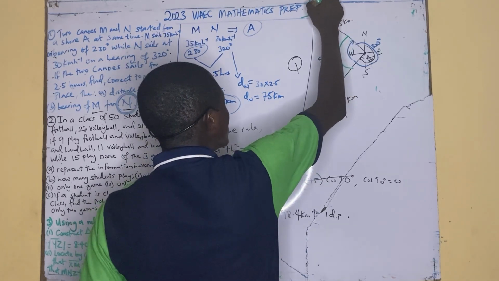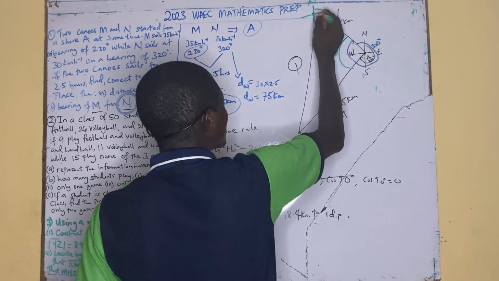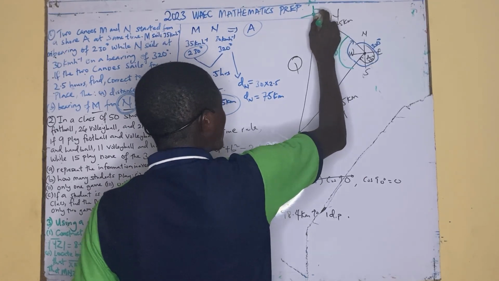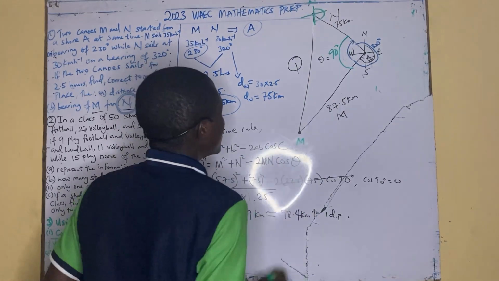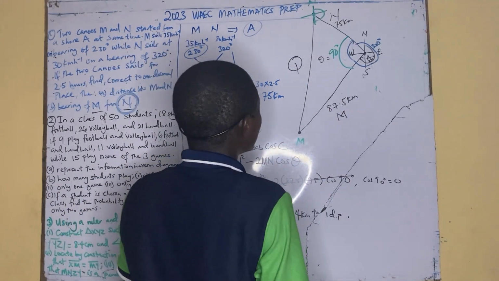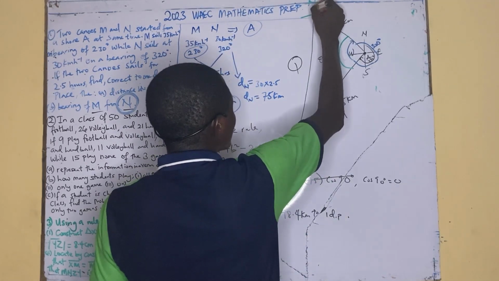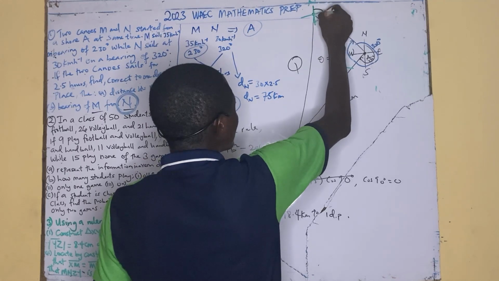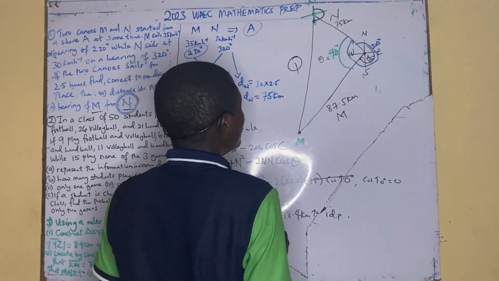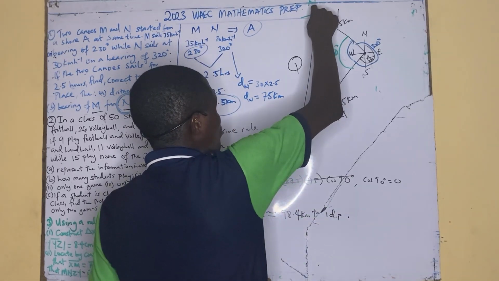The bearing from the zero cardinal point to this line that connects M and N together. Listen very carefully. These are cardinal points here. So from here to where this MN line lies, I'm going to measure the angle.